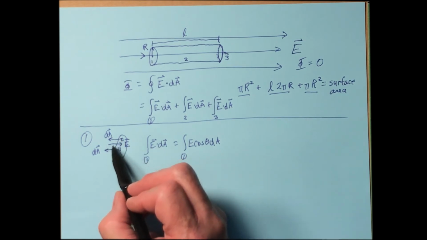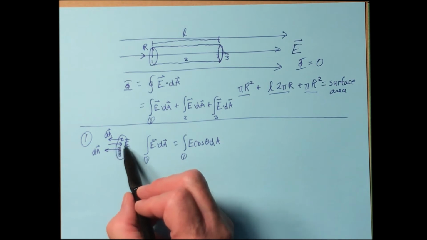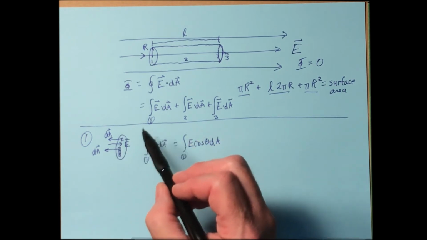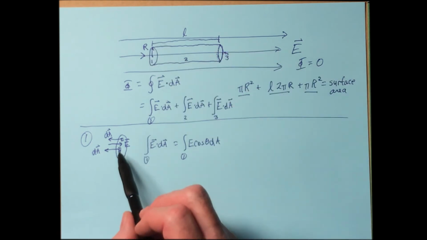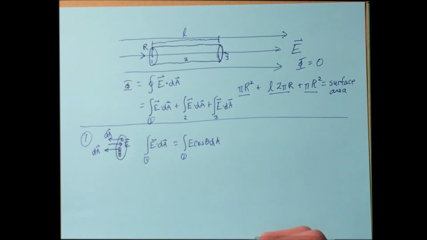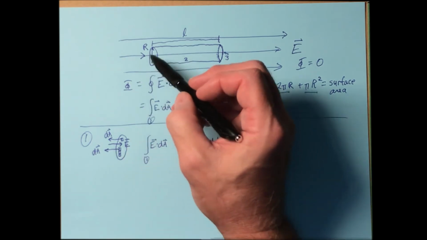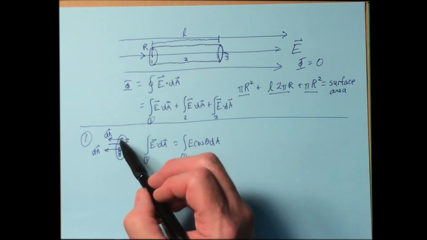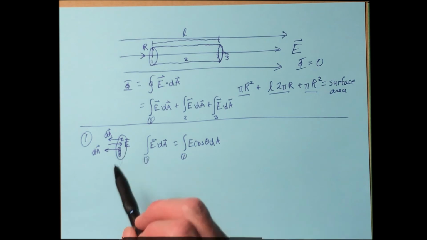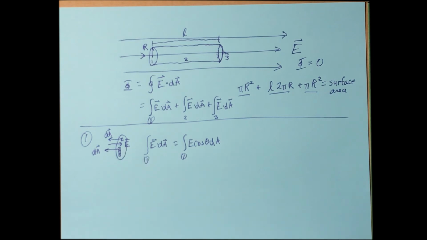You know the direction for dA, you know the direction for E, and we've chosen our geometry in such a way here that the angle between the dA and the E is 180 degrees. And that's always the case on surface area 1. No matter which dA vector you pick, that's going to be the direction associated with it.